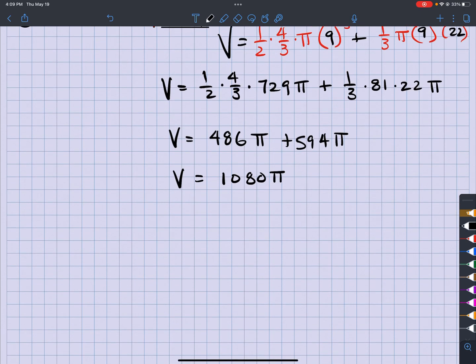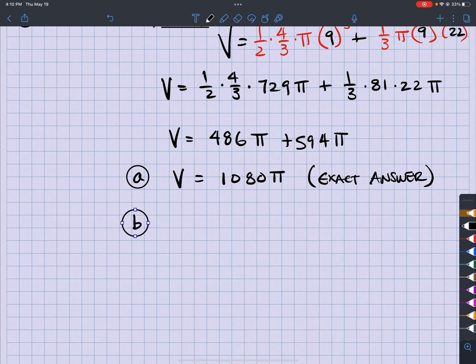So this is actually part of question A, which means that this is the exact answer. And B would be that whatever pi might be, I'm going to go ahead and use the calculator and submit it that way.